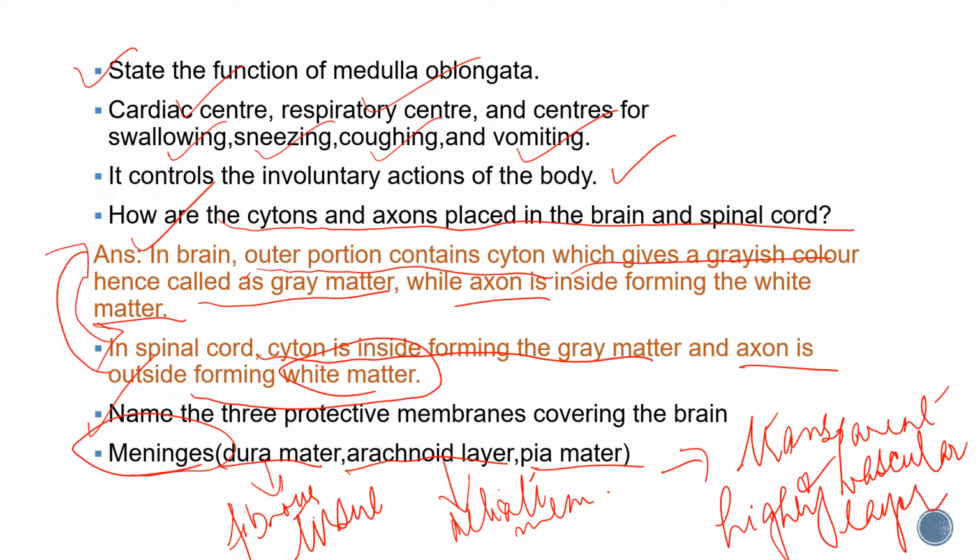So these are the three protective membranes. The meninges form the protective covering of the brain, and it is divided into three parts: the dura mater, arachnoid mater and the pia mater. So let us now move on to the next part.